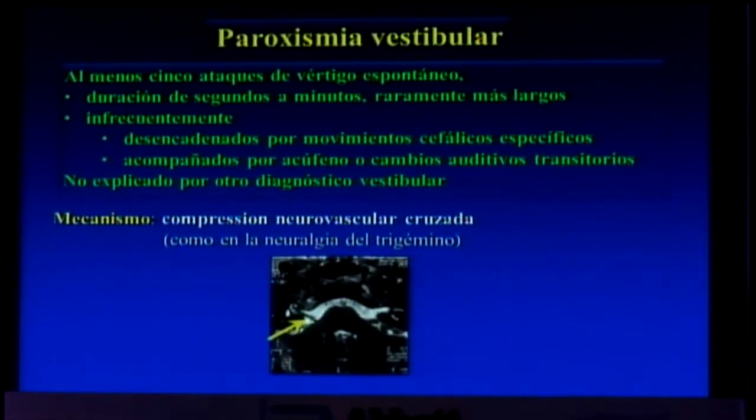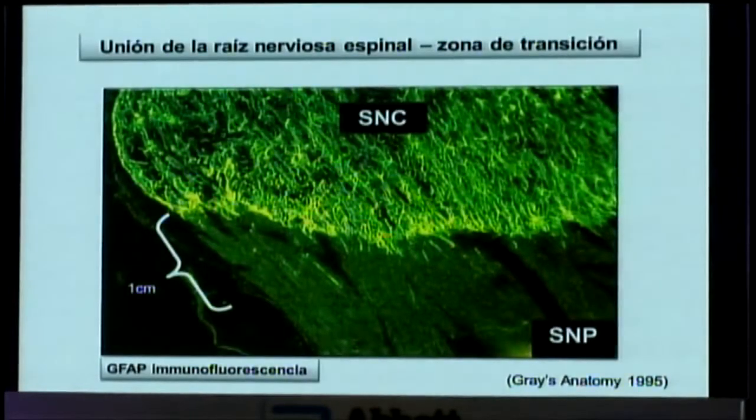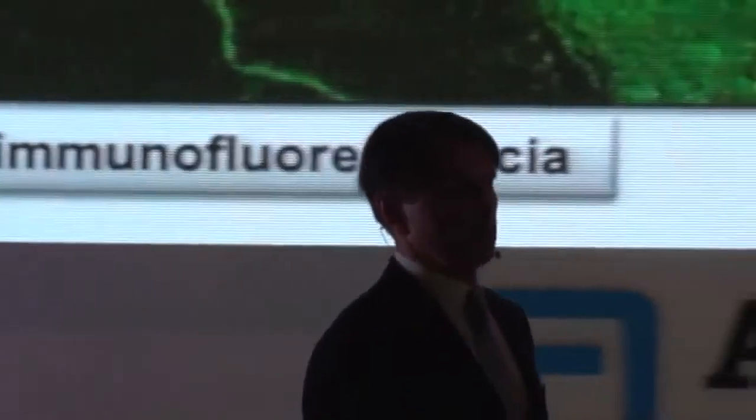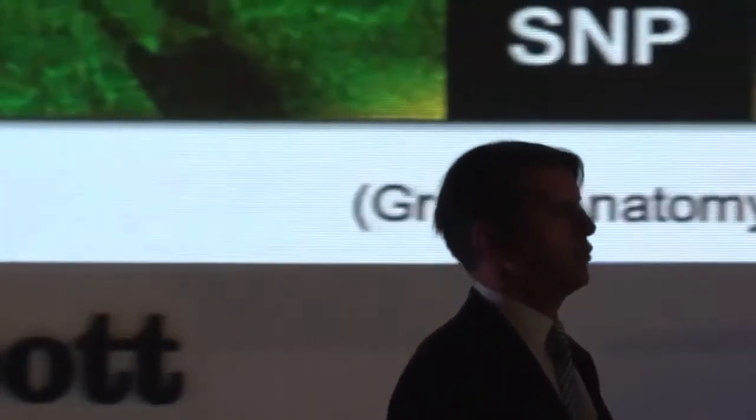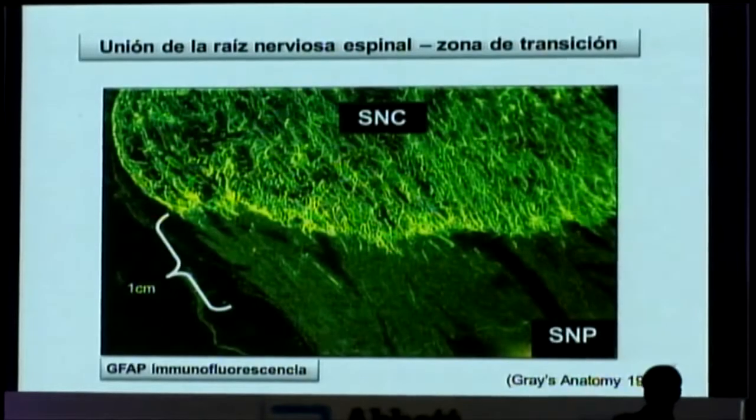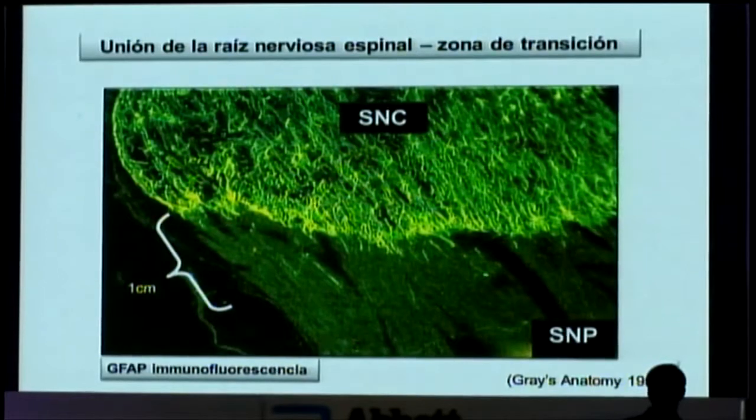Mechanism is a neurovascular cross-compression, analogous to trigeminal neuralgia or facial hemispasm. And this compression normally occurs in an area of the nerve which is covered by oligodendrocytes. So strictly, anatomically speaking, the border between the peripheral and the central nervous system is this transition zone between oligodendrocytes here and Schwann cells.